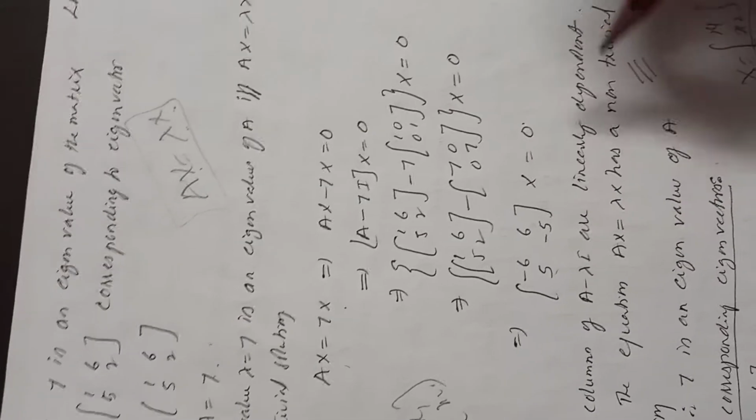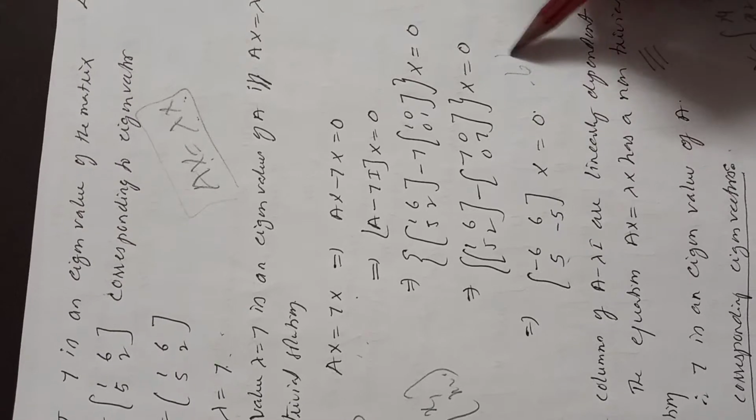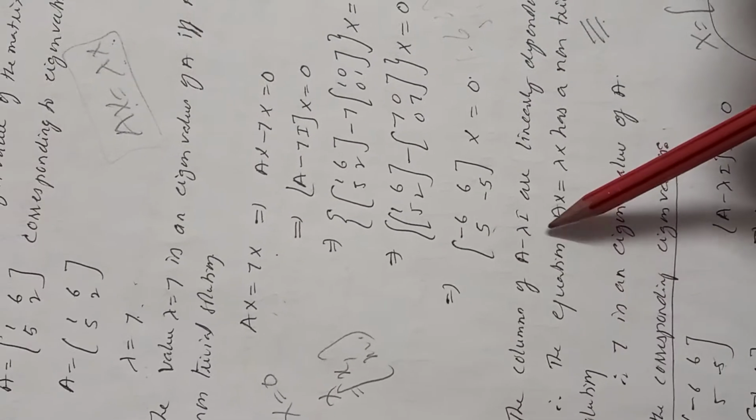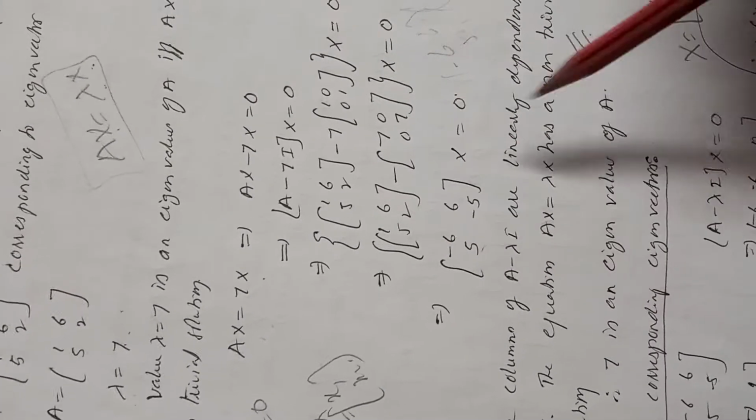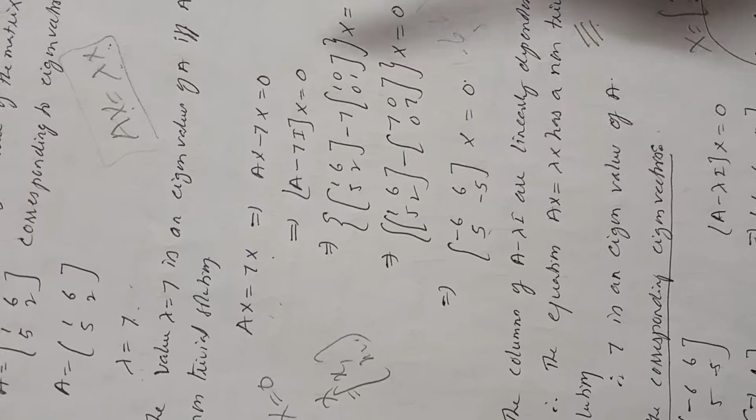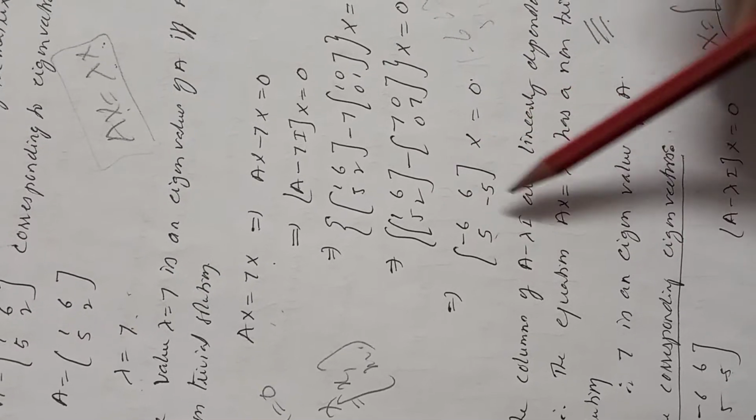Now there are two procedures. We can equate [-6 6; 5 -5] into [x1, x2] to the null matrix 0. Or, without solving that, check whether the columns of A minus lambda I are linearly dependent. See, this column is linearly dependent on this one.